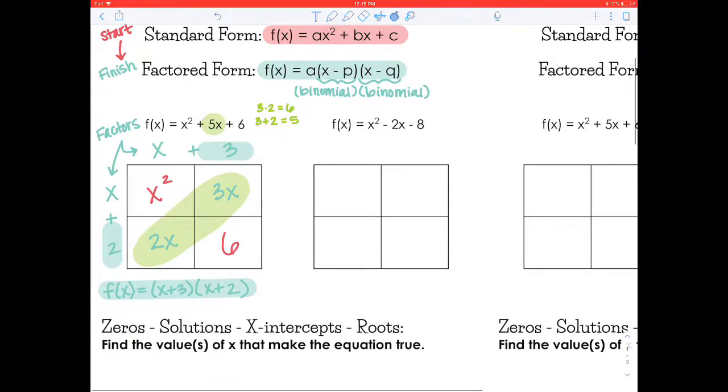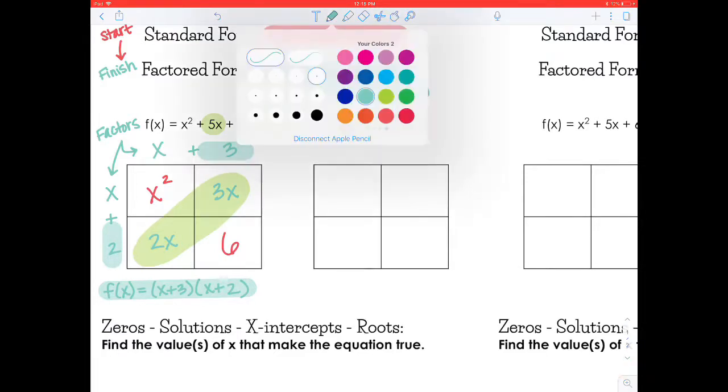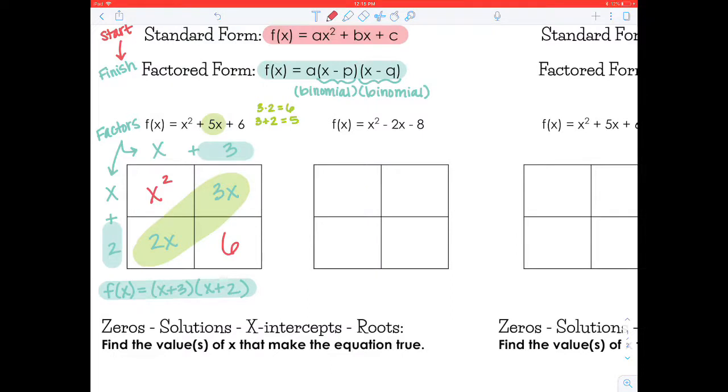Okay, let's do the second one. F of x equals x squared minus 2x minus 8. So again, fill in the standard form pieces of the trinomial inside the box of where you know they go. So x squared here, and then that constant term at the end in that bottom right box.